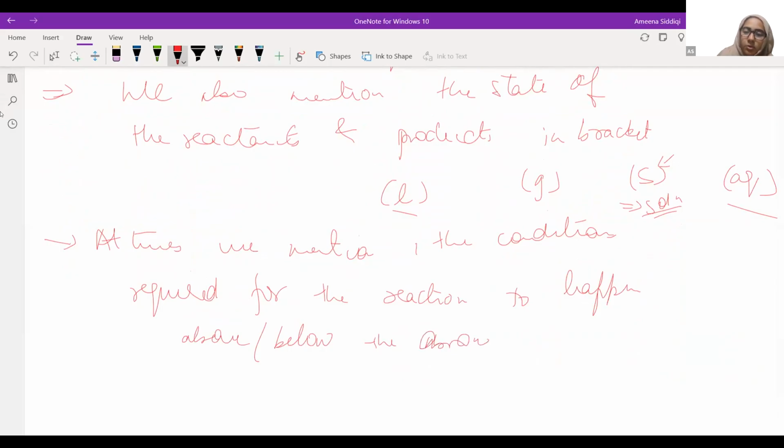For example, if heat is being used, we can just write heat. At a certain temperature, say 40 degrees Celsius, we'll just write 40 degrees Celsius. The conditions of the reaction would be specified here.